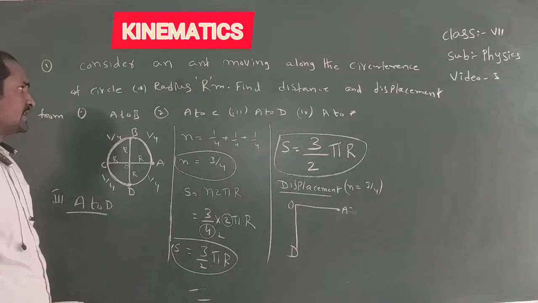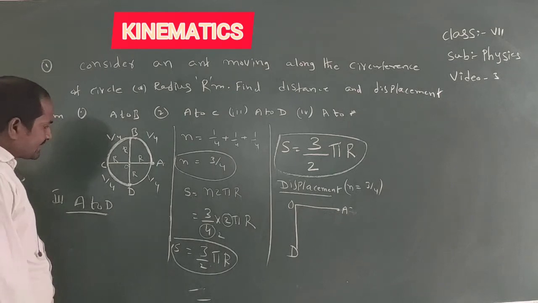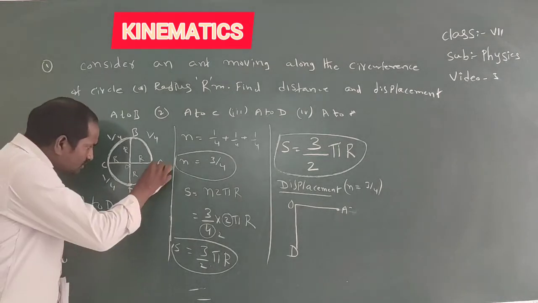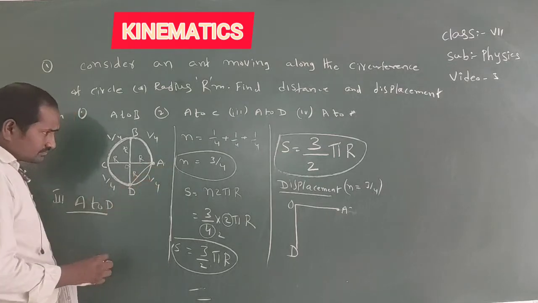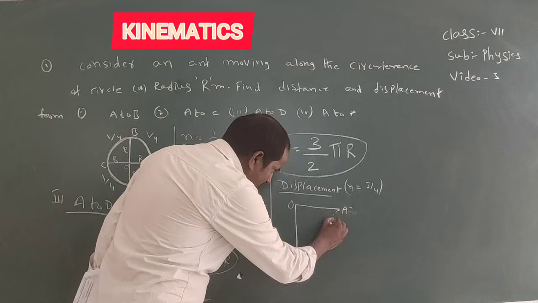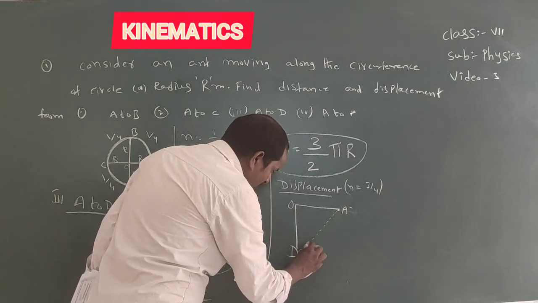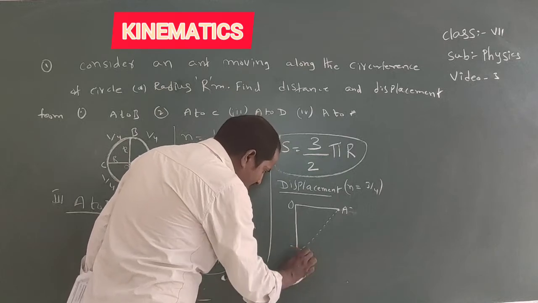According to the definition of displacement, the shortest distance between the initial and final point is called displacement. So it is the displacement. You can draw like this also. So it is displacement.